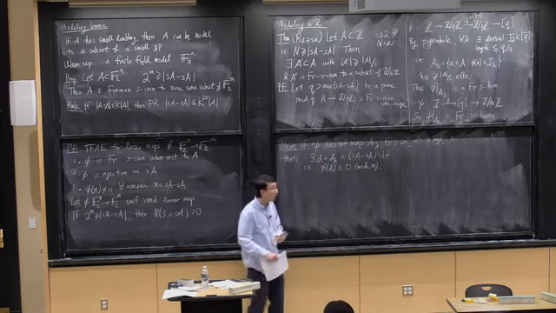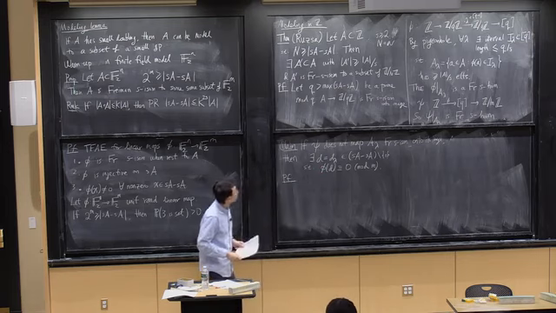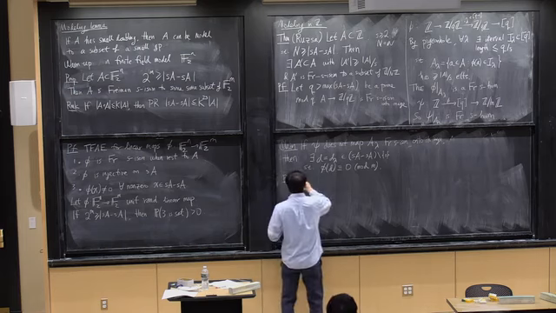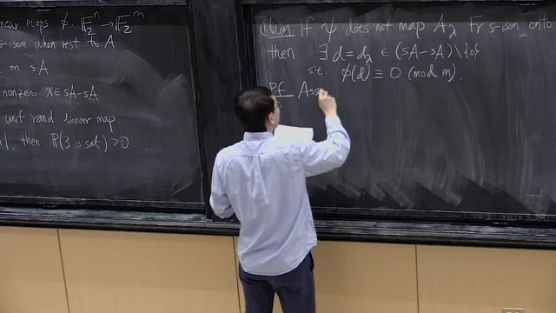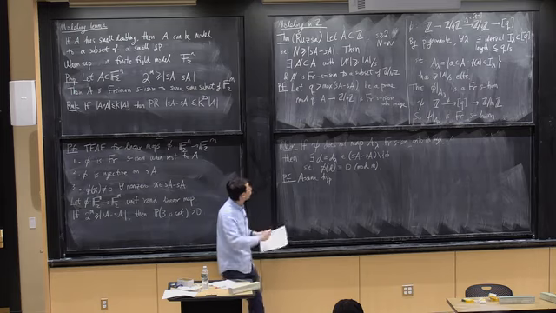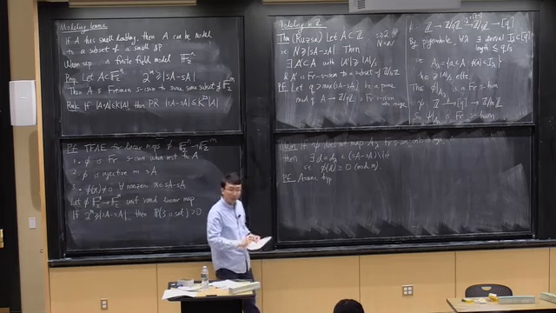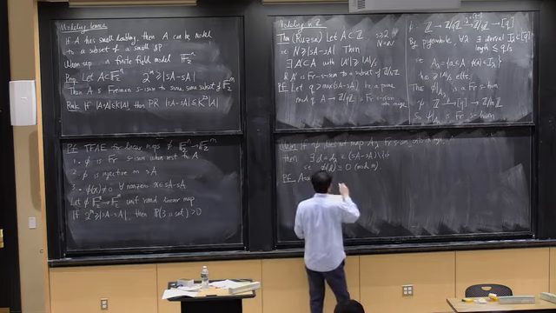Okay, so this requires some checking. So suppose, indeed, suppose the hypothesis, that psi does not map A sub lambda Freiman s-isomorphically onto its image.